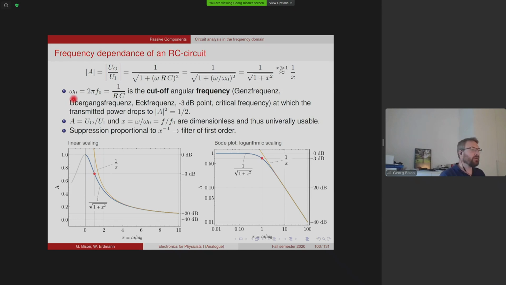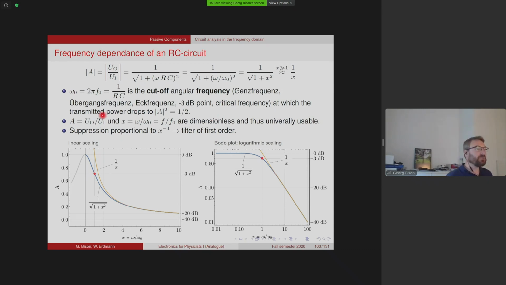So again, the characteristic frequency or cutoff frequency is an angular frequency. If we want to convert it into the usually used frequencies in Hertz, we should not forget the 2 pi. This is 1 over RC. It's called Grenzfrequenz, Übergangsfrequenz, Eckfrequenz, minus 3 dB point, critical frequency. This has many names.